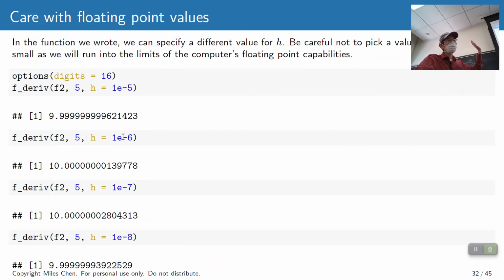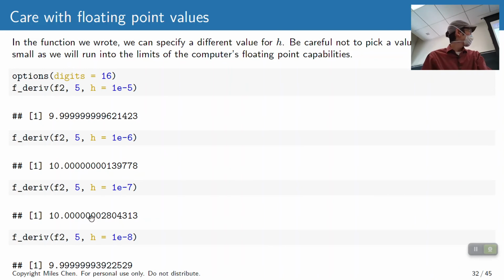Because at 1,000,000, floating point numbers can probably only represent up to something like 10 to the negative 2 or 3, or more accurately, something on that order.